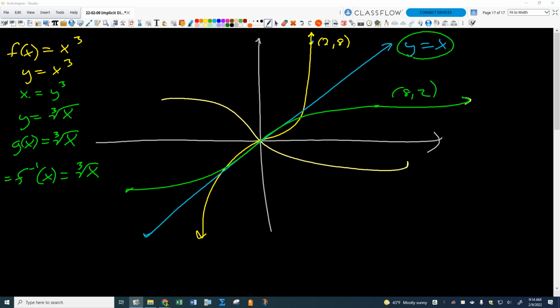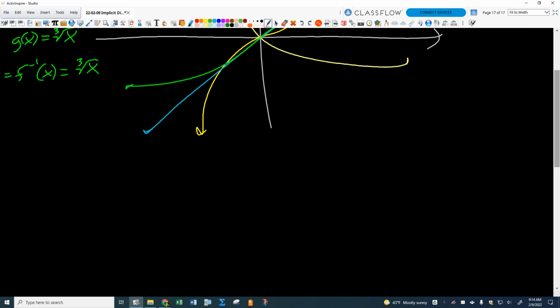So if they're inverses, 2 things would have to be true. Remember what that means? IFF?